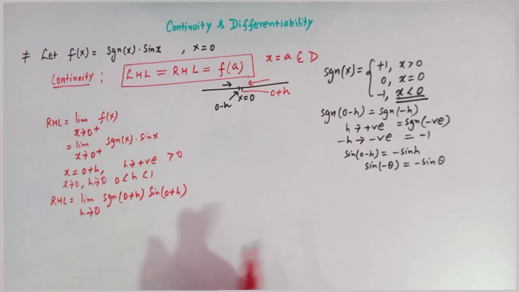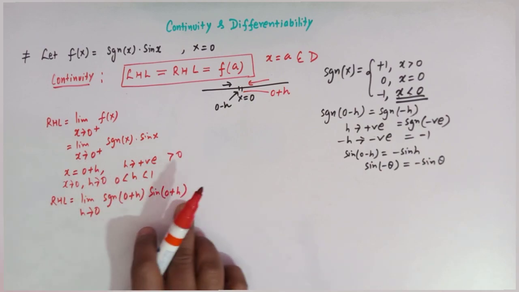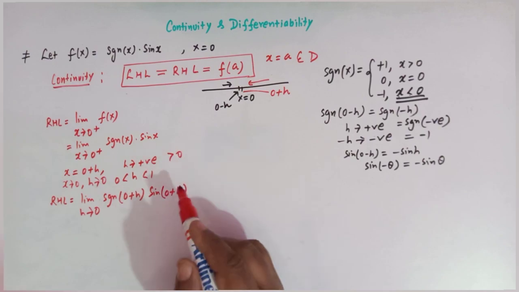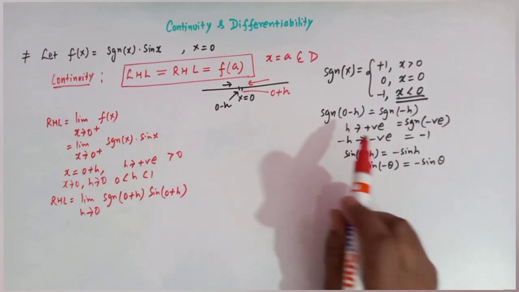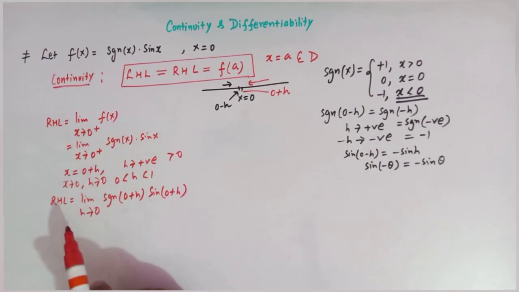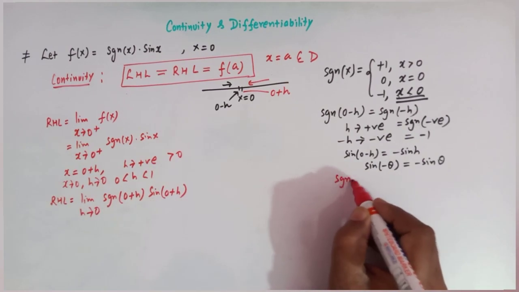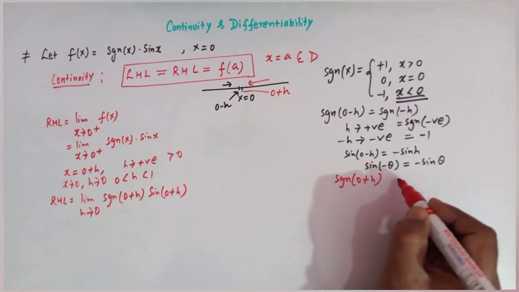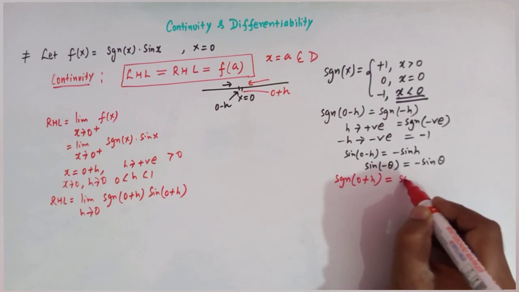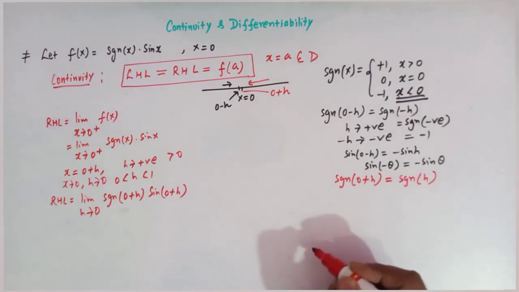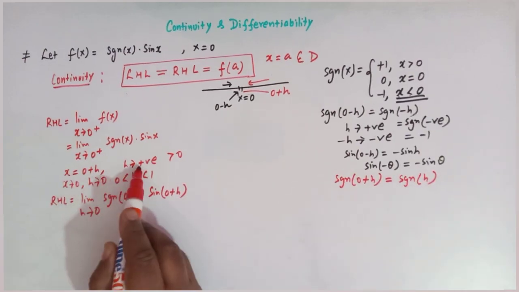And again we'll give the same argument which we gave in the case of the left hand limit. Signum of 0 plus h is equal to signum of h, and h is a positive quantity.